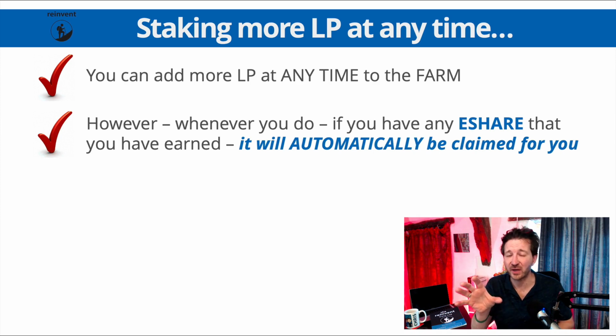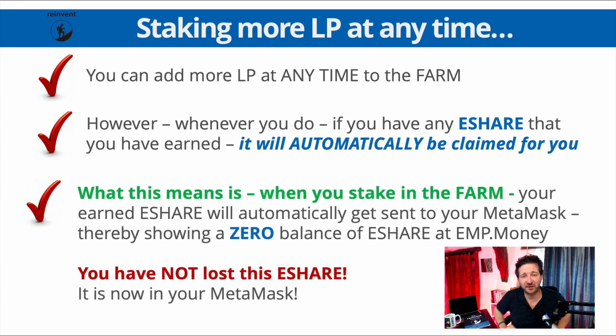However, when you do, if you have any eShare that you've already earned that's sitting for you, that you can see there, that is automatically claimed for you and it's sent into your MetaMask, okay? And the reason I wanted to flag this up is because when you stake in the farm, your earned eShare automatically gets sent to your MetaMask, thereby showing a zero balance of eShare at EMP.money.